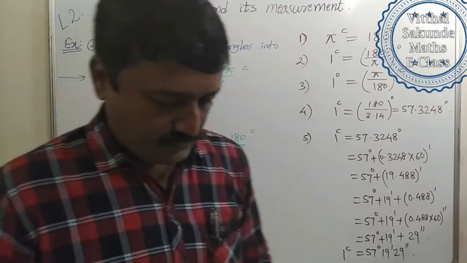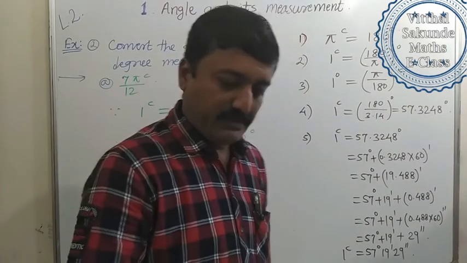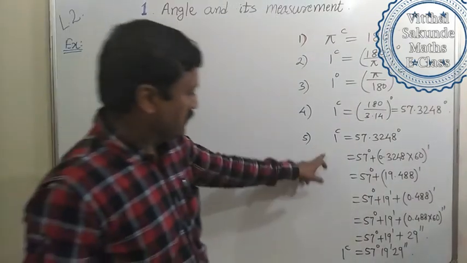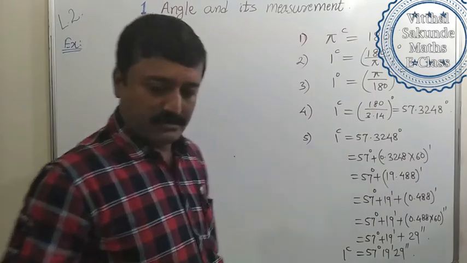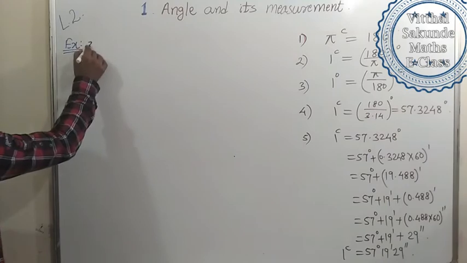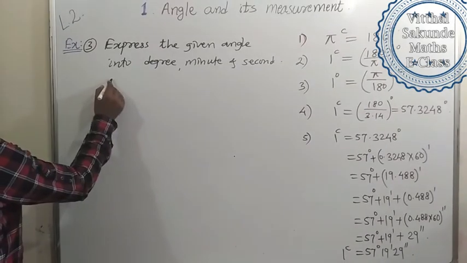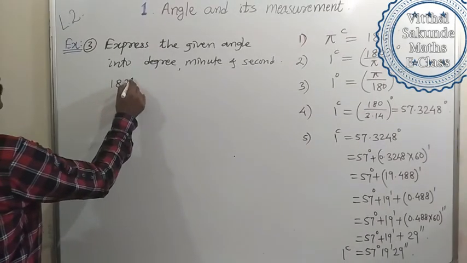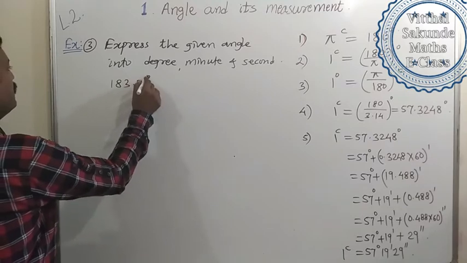Let us see the third type of example. One we have solved here, the similar example we will solve now. Example number 3: 183.7 degree.